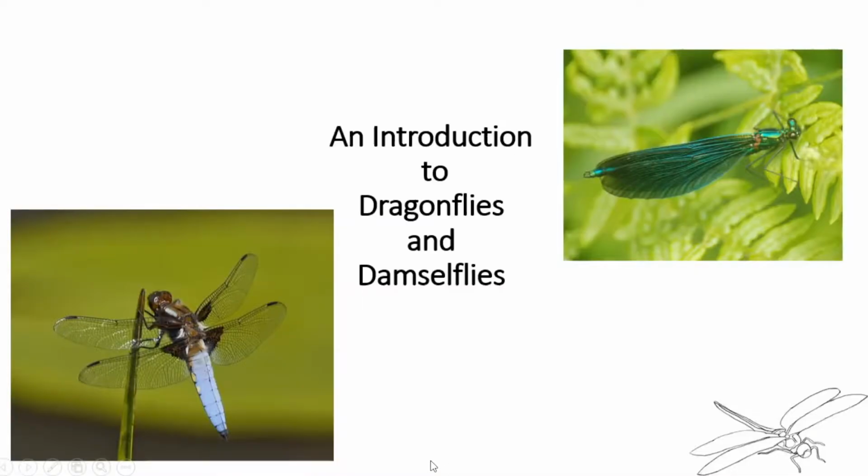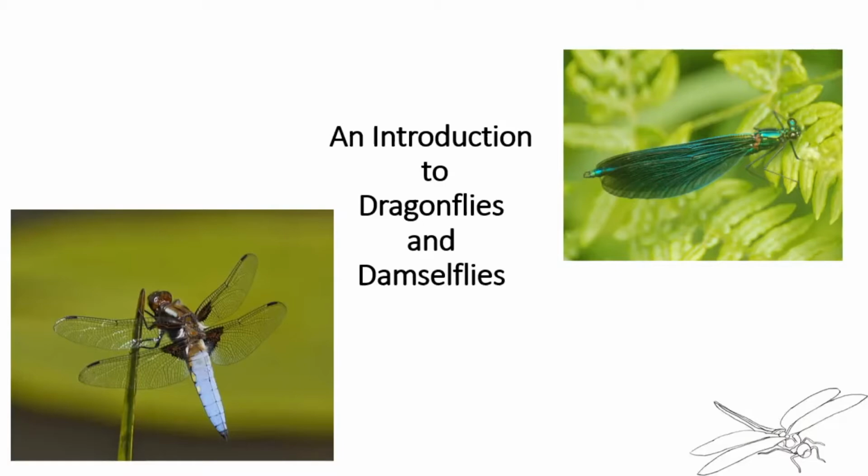Right, so this is an introduction to dragonflies and damselflies. It would possibly be easier to produce a slide showing you the 5 or 6 damselflies and the 5 or 6 dragonflies that we find common within the forest, and just go through how to identify each one.